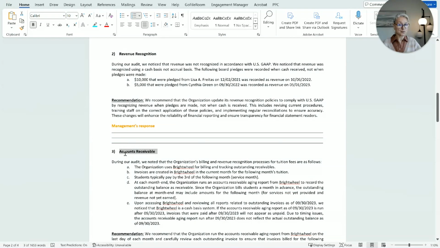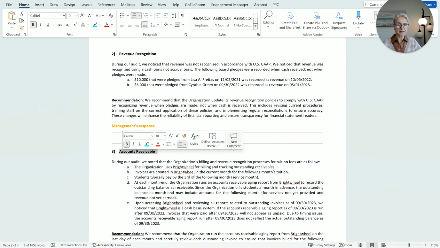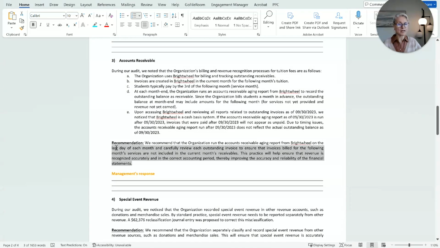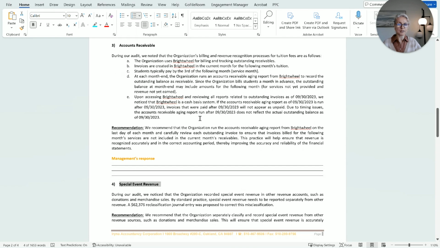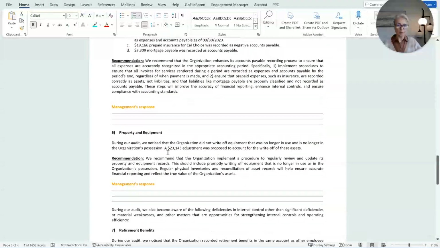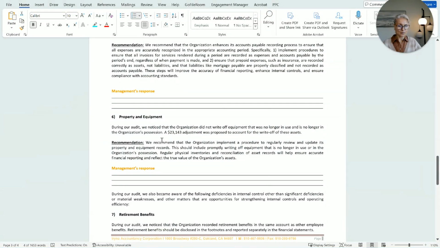We're also talking about accounts receivable not recorded correctly, but again, we did not identify any significant material misstatements. Therefore, it's not a material weakness, it's just a significant deficiency, and we're providing the recommendation. We also found some areas of improvement for special event revenue recognition, for accounts payable, property and equipment, and so forth.